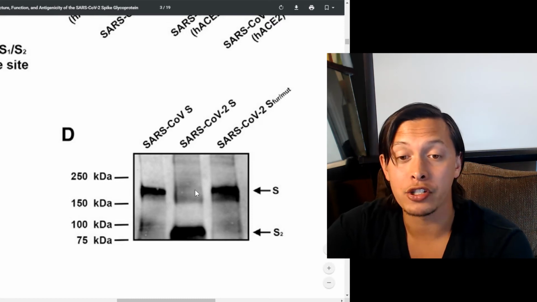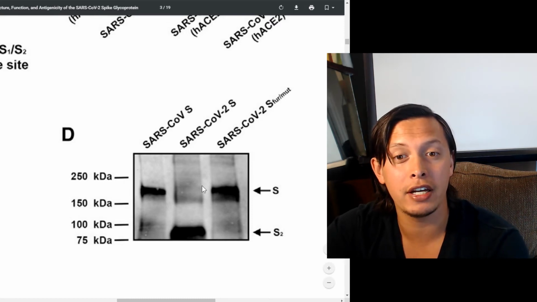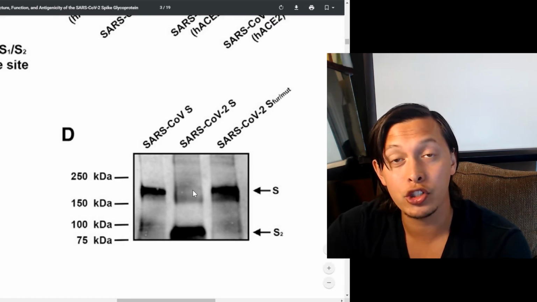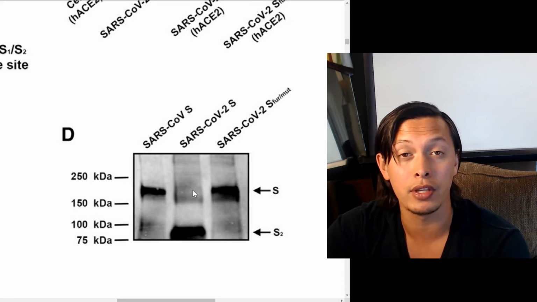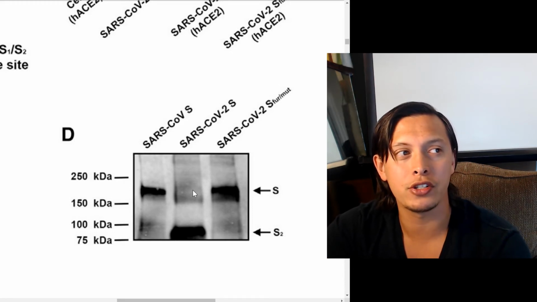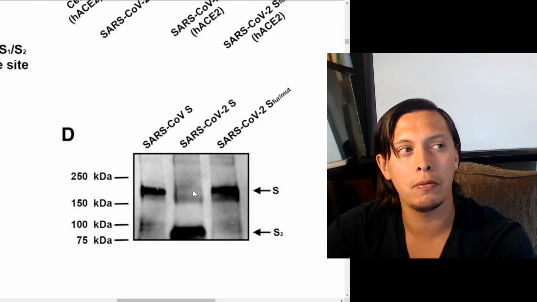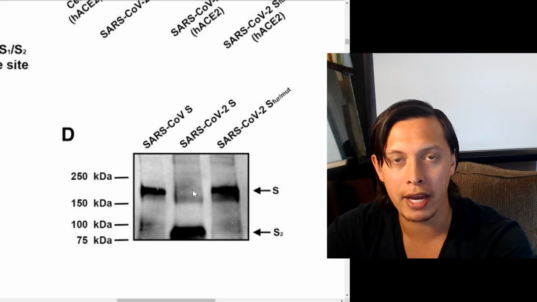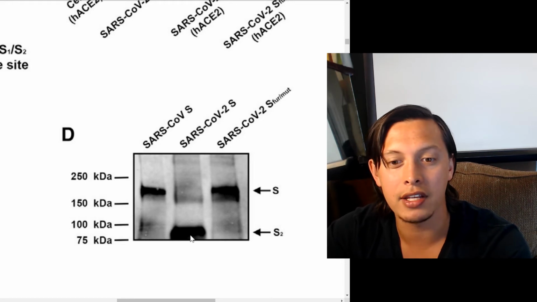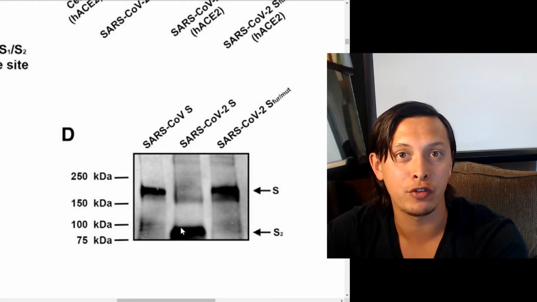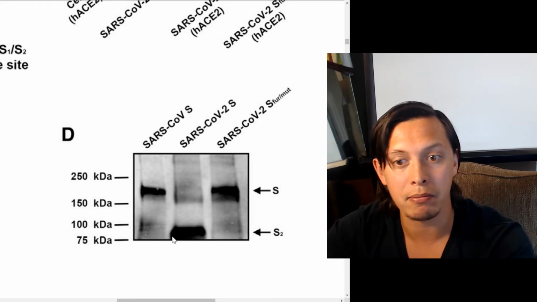I should also mention that even if it's only part of the spike protein, the binding domain that sticks to the cells is still present on these proteins even after the cleavage event. So just keep that in mind.